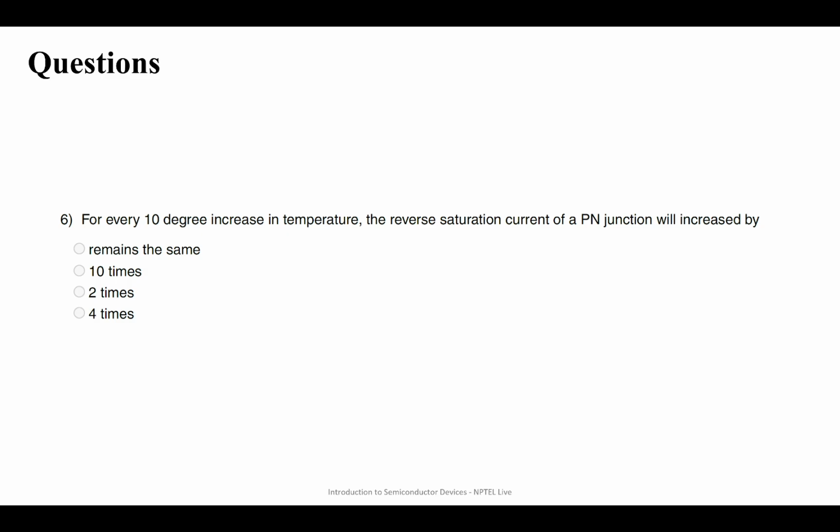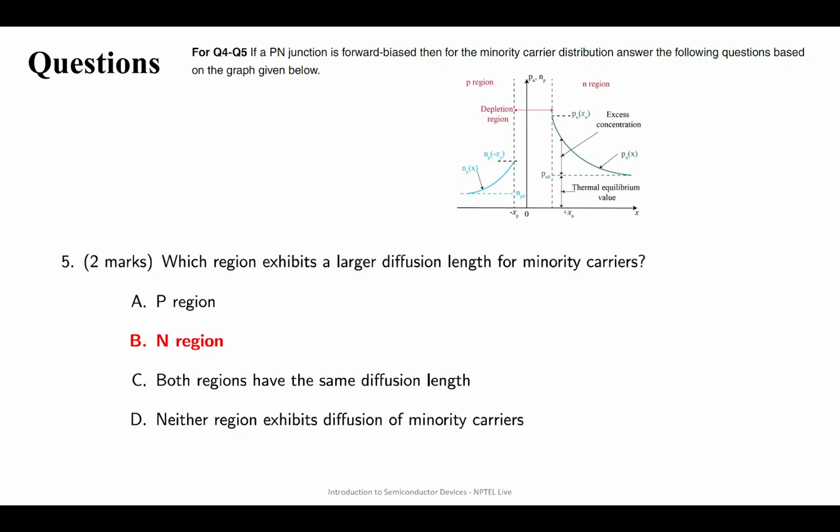For every 10 degrees increase in temperature, the reverse saturation current of a PN junction will increase by: it remains the same, 10 times, 2 times, or 4 times. So the diffusion length does not depend on the doping.